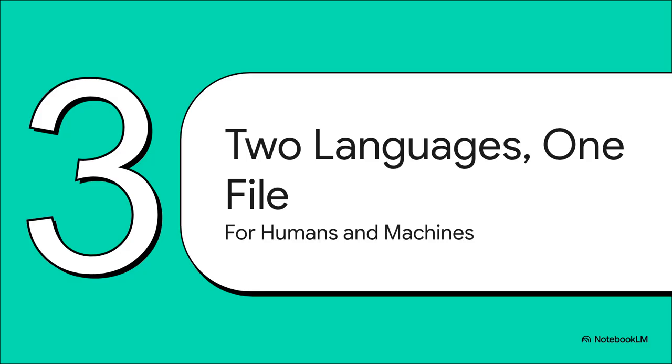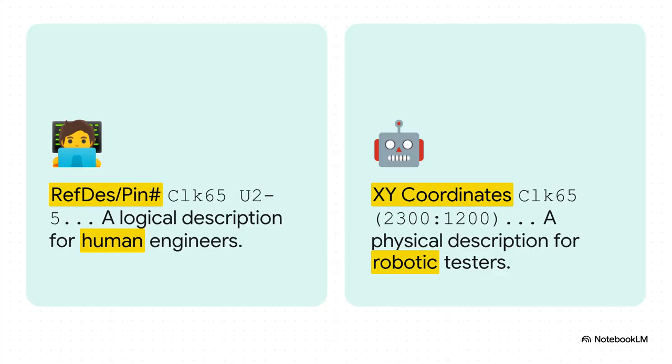And this right here brings us to the real genius of the format. It's incredibly clever because it manages to speak two totally different languages at the same time. It's designed to serve two very different audiences, the human engineer on one side and the robotic tester on the other. Okay, look at this. On the left, you've got the language for humans.